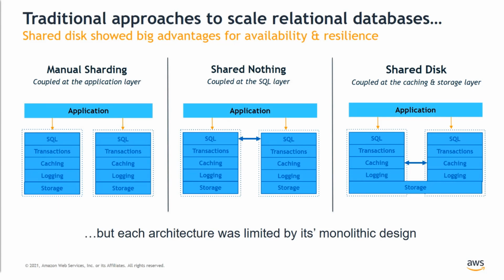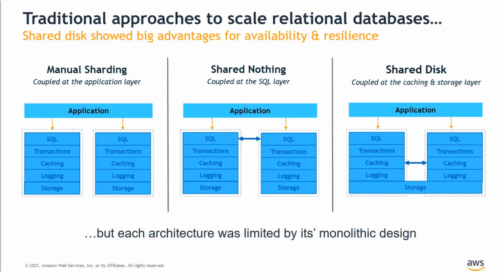People tried sharding at the application layer, breaking up a database into multiple independent databases that the application was aware of. Then some smart people took a look at shared nothing architectures where the application didn't have to know about the different databases, but the database layers were coupled at the SQL layer.